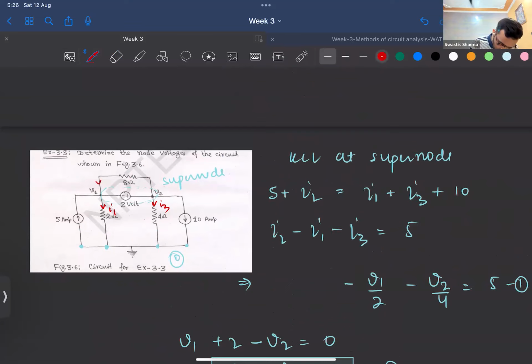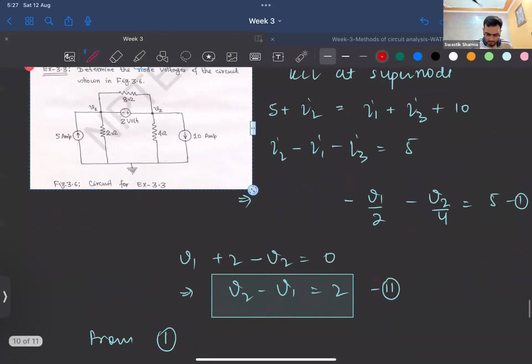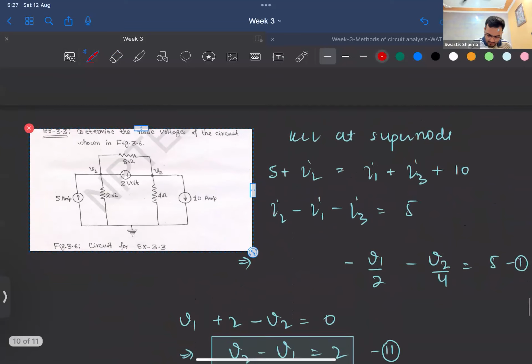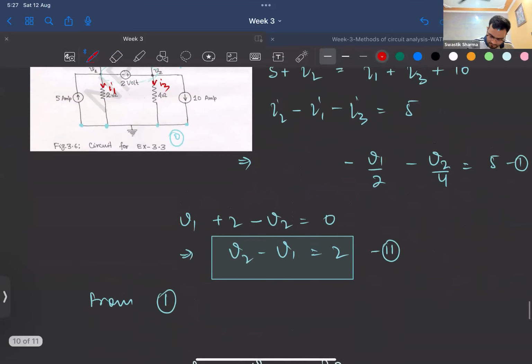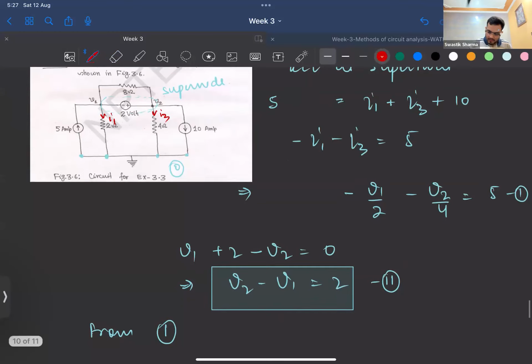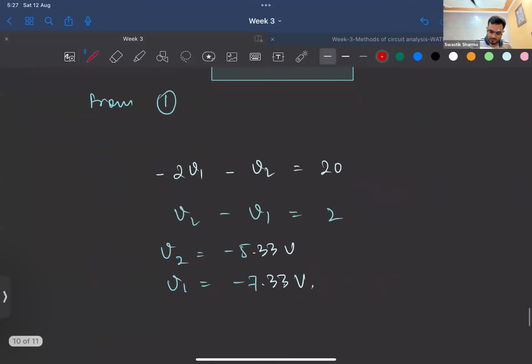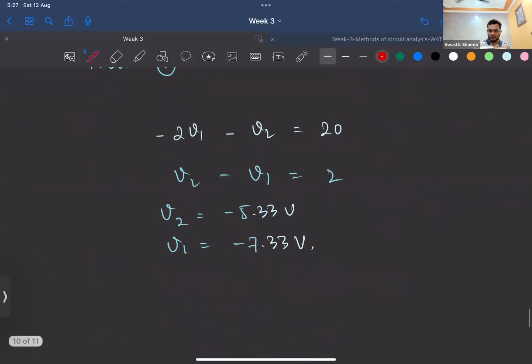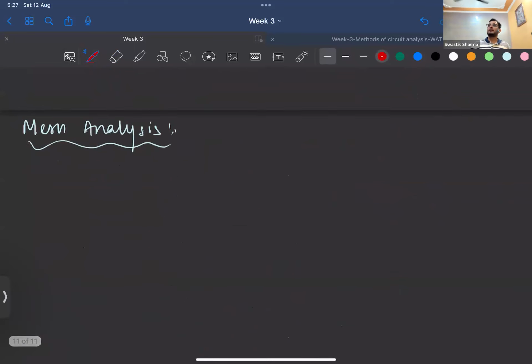I'm sorry I took that because I wrote it once, so I forgot to remove it. Basically, this is connected into the same circuit, so it's just 5 ampere entering, and I2 and I3 leave that supernode. Once that's done, you apply KCL, you'll get these two equations, and then you can solve them to find the values of V2 and V1. So let's do mesh analysis.